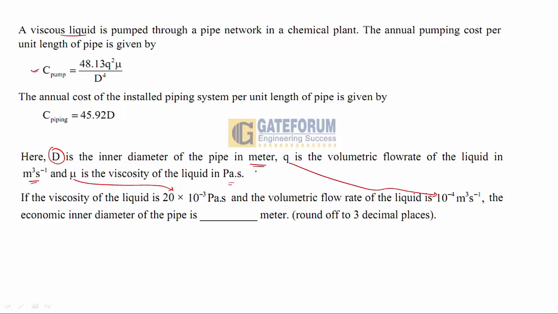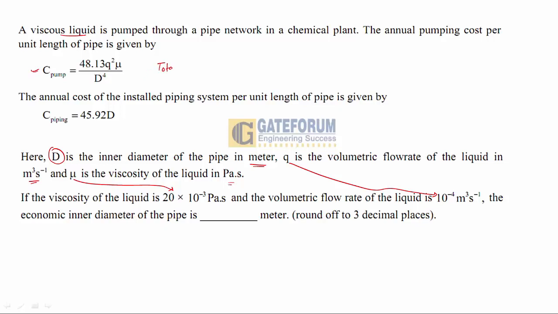So basically this is an optimization problem. We have to optimize the total cost we are incurring, and finally find the value of the inner diameter. This is also a very basic question.